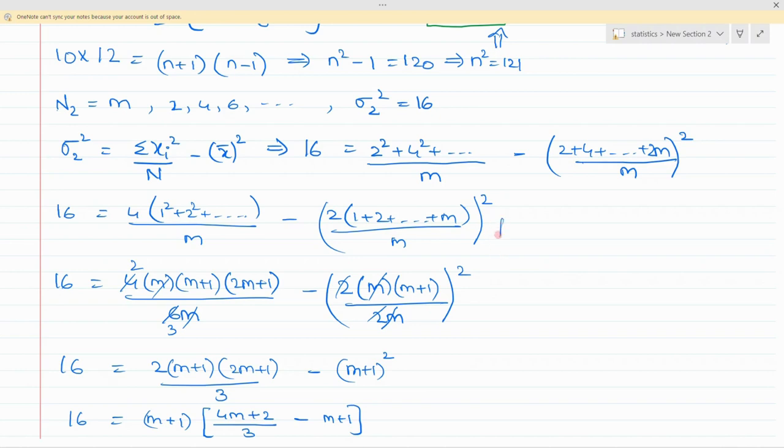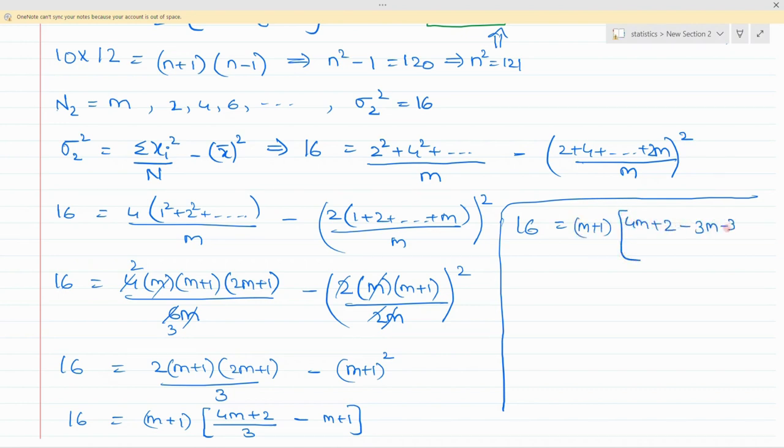Just simplify this, you will get 16 is equal to m plus 1 into 4m plus 2 minus 3m minus 3 upon 3. Just multiply with 3 over here, you will get 48 is equal to m plus 1 into 4m minus 3m is m, and this is minus 1. So it's in the form of a plus b into a minus b. Just use the formula, it becomes m square minus 1 is equal to 48.